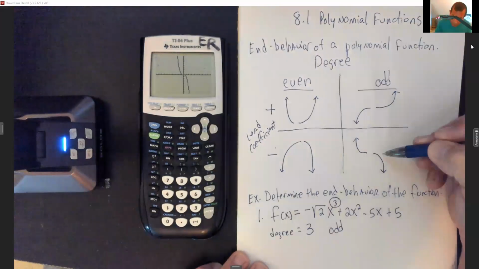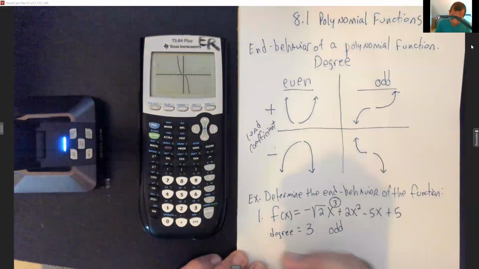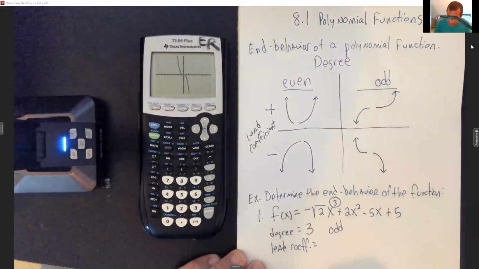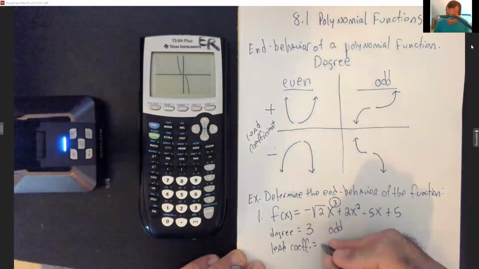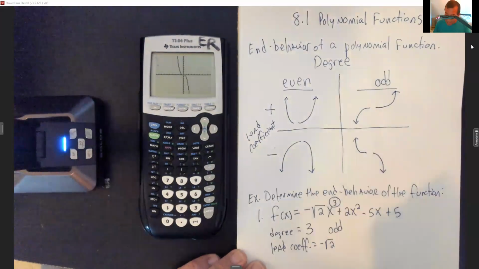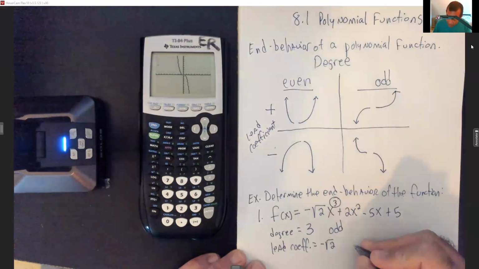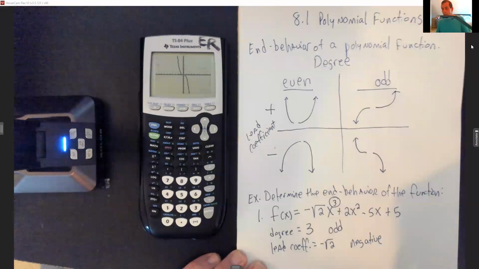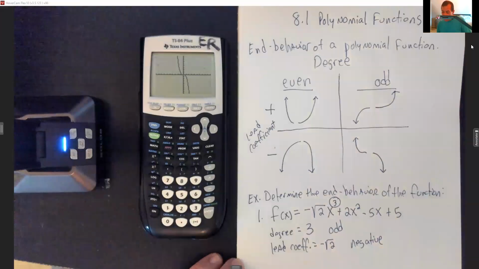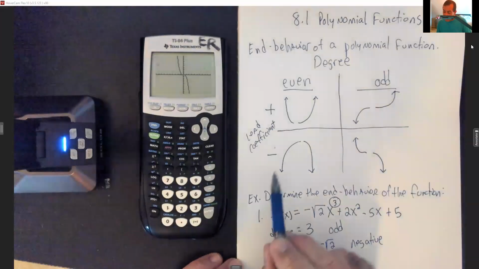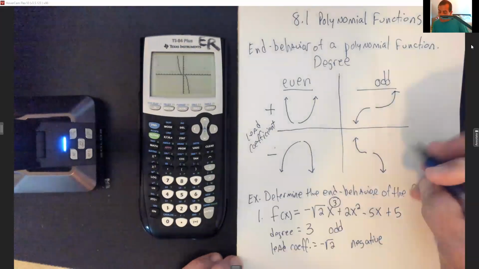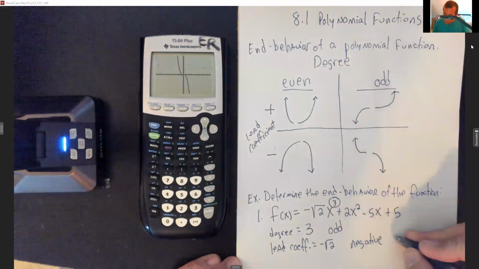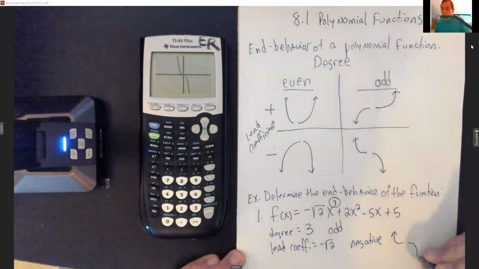Then the lead coefficient, well, the lead coefficient is a negative square root of 2, which is negative. So y'all, since my degree is odd, my lead coefficient is negative, I would choose the bottom right picture, and this graph will go downhill from left to right.